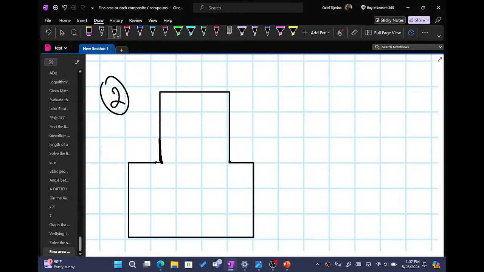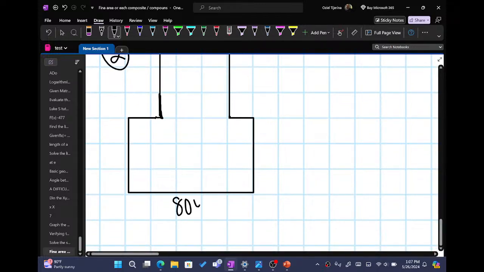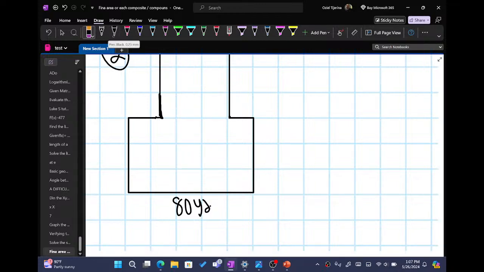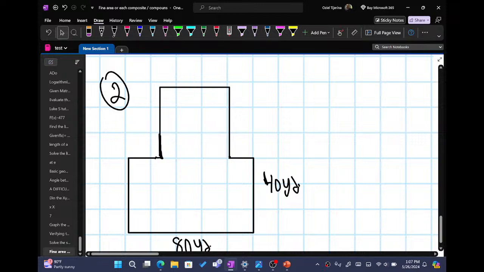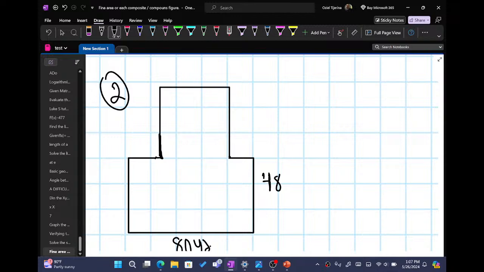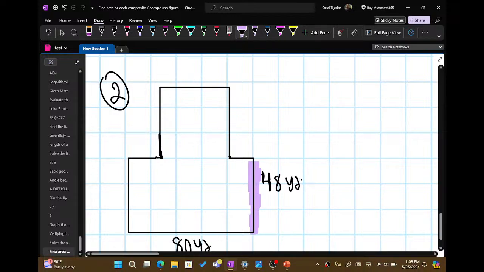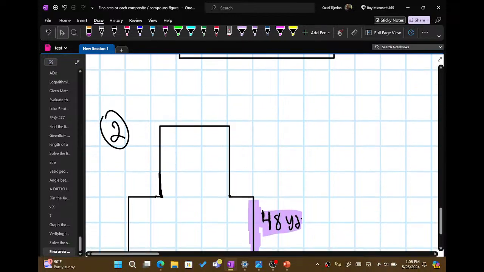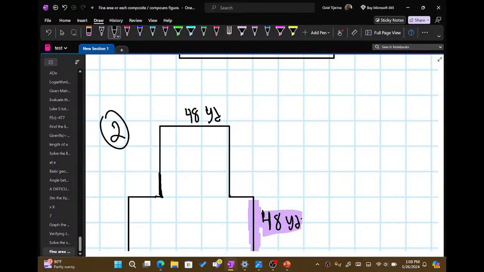We can see here that this is 80 yards. This is 40 yards. Oops, dy, not dy. That's calculus. And then the side is 48 yards as well. So this is 48 yards here. And then the very top is also 48 yards. So this is not drawn to scale, guys. None of these are drawn to scale. I'm just letting y'all know.